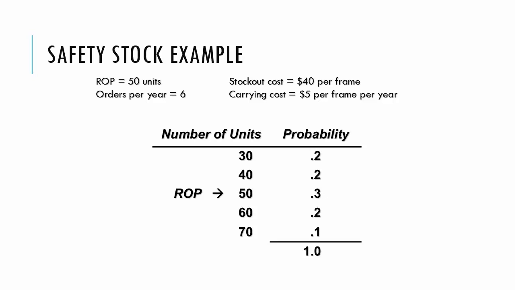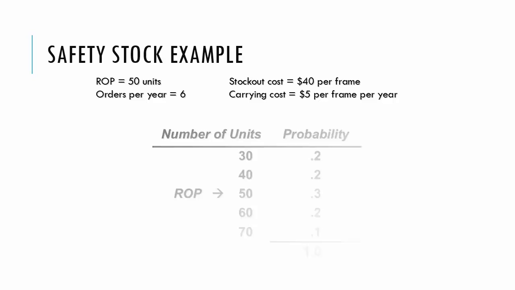We'd be short 10. We'd be short 20 for the 70 showing up. Right? And then the other thing we want to look at is moving the reorder point up to 60, so holding a safety stock of 10 units. And then moving the reorder point up to 70, which would be holding a safety stock of 20 units. Right? Then we need to figure out how much we're going to short each time.